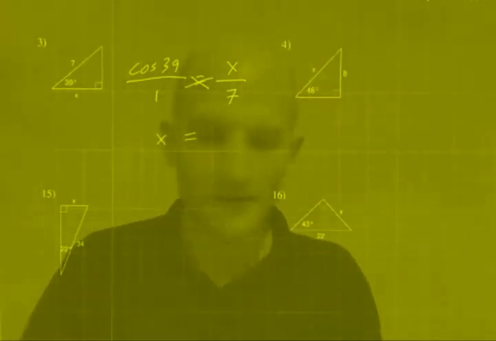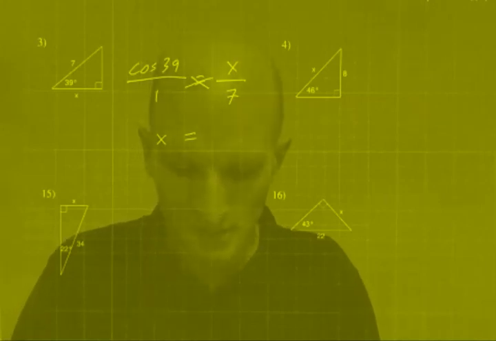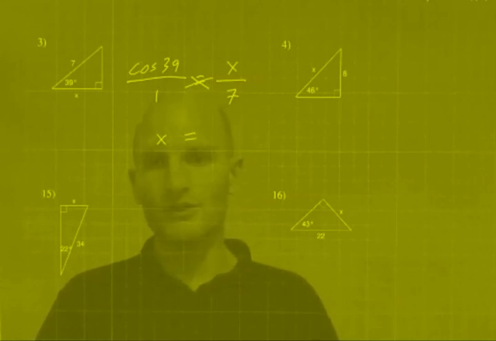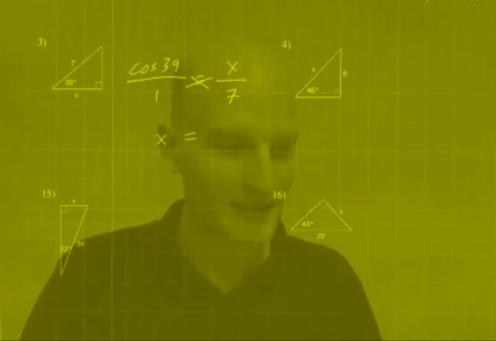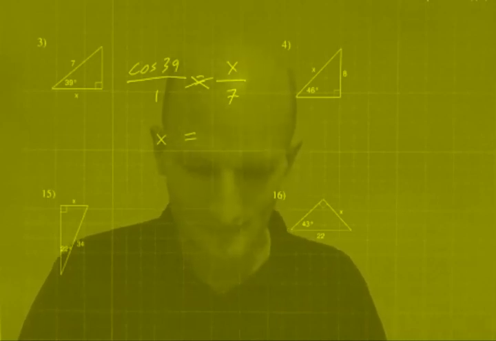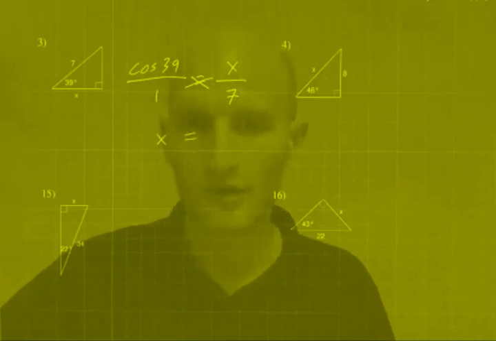And that is the value of x, if you multiply those two. Cosine 39 in parentheses, or you could do cosine 39, press equals, and then say times 7. You get 5.440. So that's rounded, 5.4.